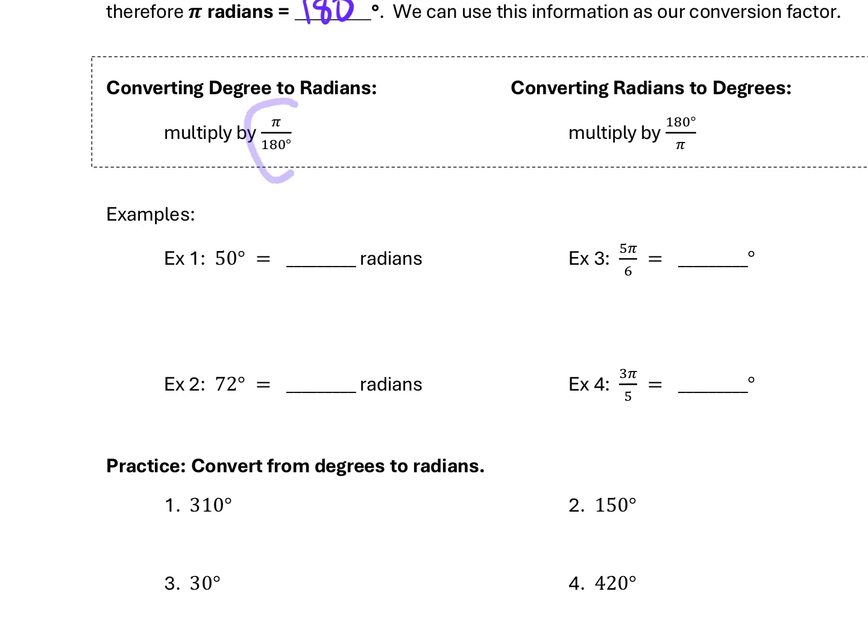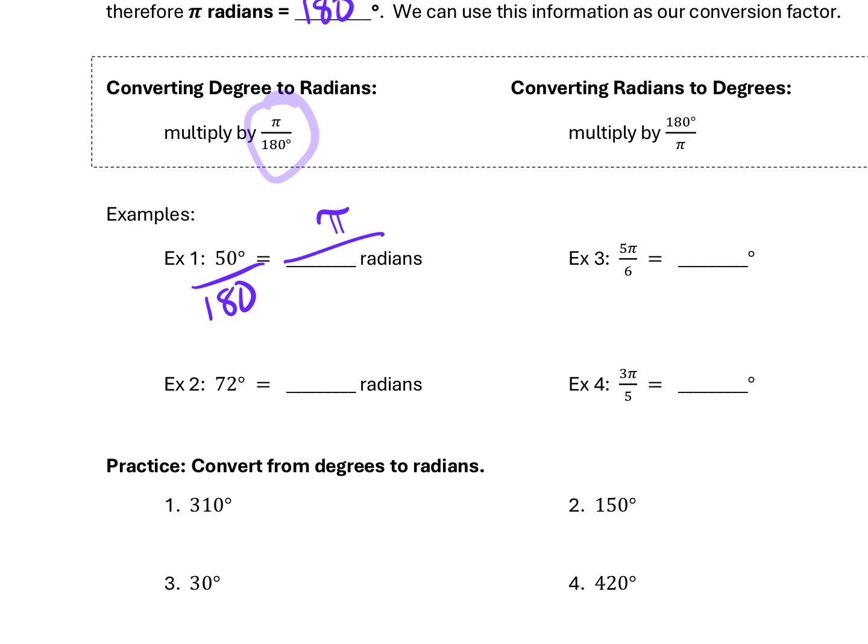We're going to multiply by pi over 180. We need a pi in the answer, and it's going to need to be in the numerator. So you can think of it as multiplying by pi over 180. But the other way to think about this is that you're just going to take whatever the degree measure is, and divide it by 180, and simplify that fraction. And then you just have to remember to include the pi in your final answer.